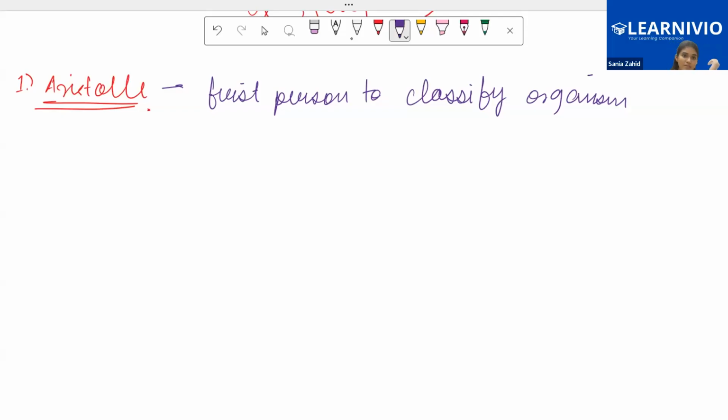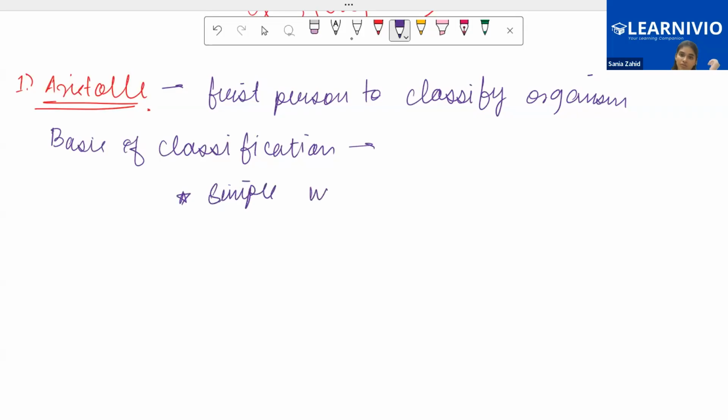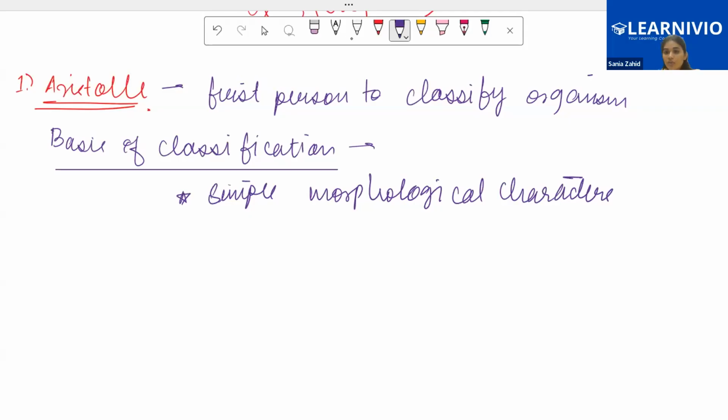So his basis of classification was simple morphological characters. I hope my screen is visible, right? So what did he do? He just classified. So this was his basis of classification. What is the meaning of morphology now, Aisha?